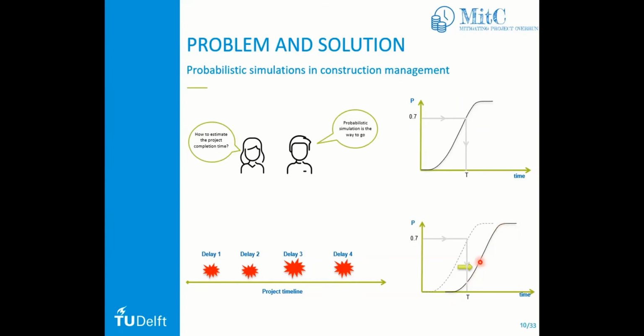So for the same probability, 70% is not going to intersect at this point anymore, but at another point, because you have a new S-curve and you get a new T. We call it here T star, the delayed project duration. As you can see, T star is bigger than T, and that's why we say we are having delay. So things change, and then you get other S-curves. And that's it.